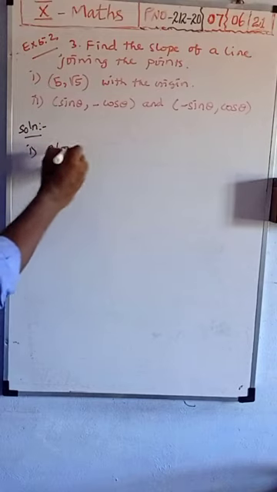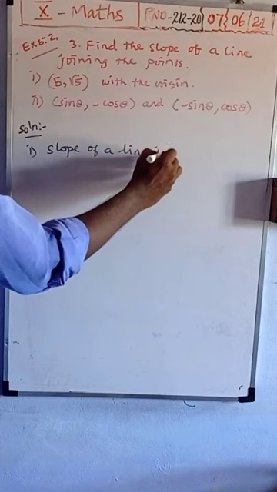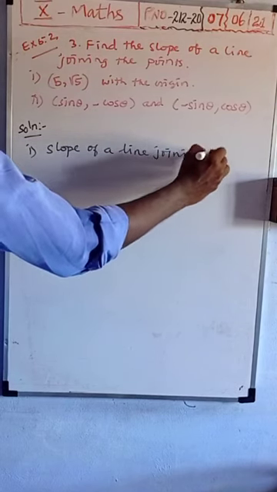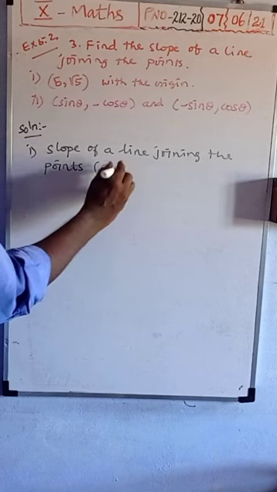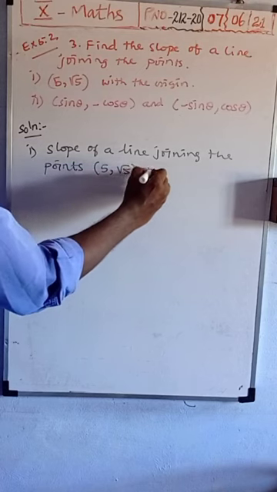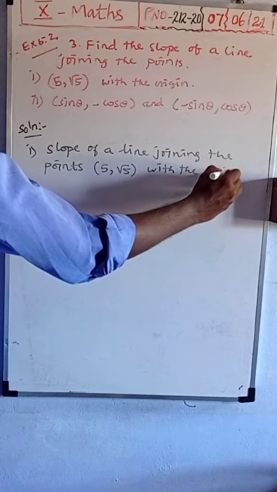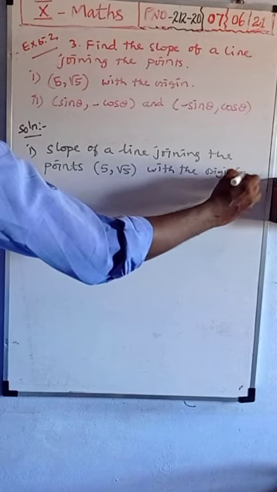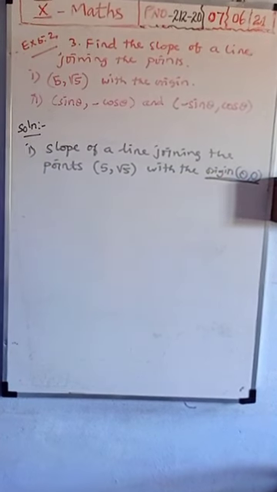First, the slope of the line joining the points 5 comma root 5 with the origin. What does origin mean? It is 0 comma 0.